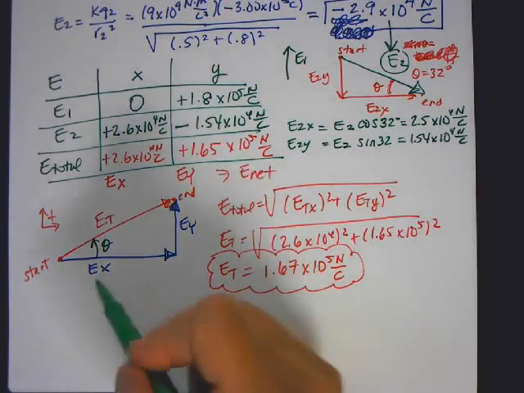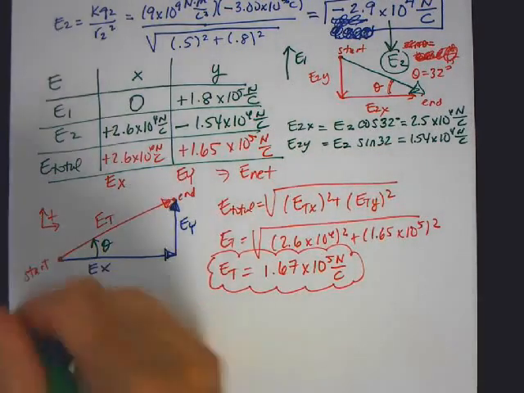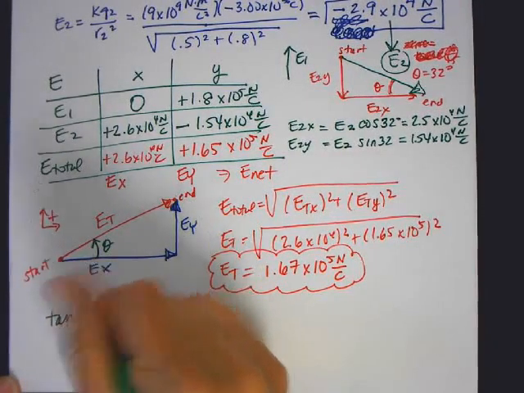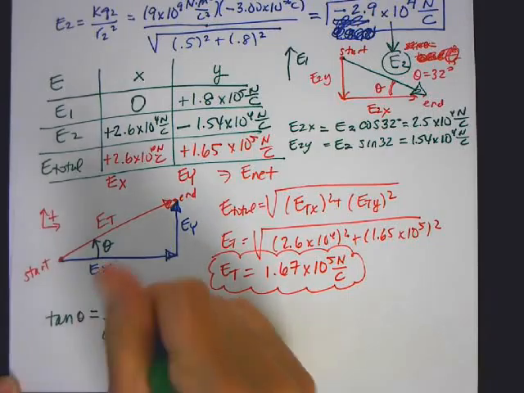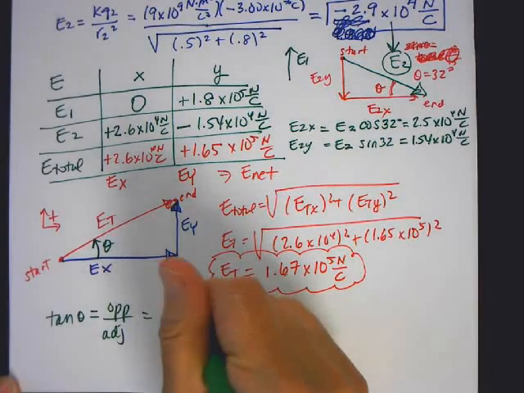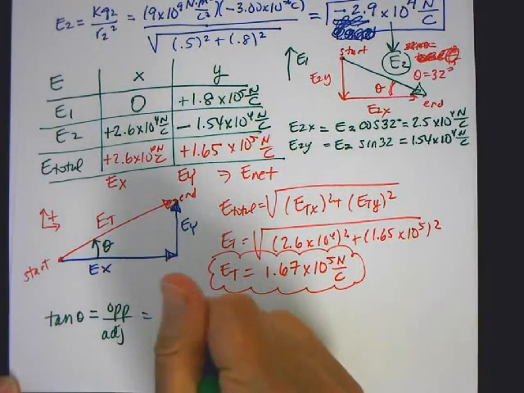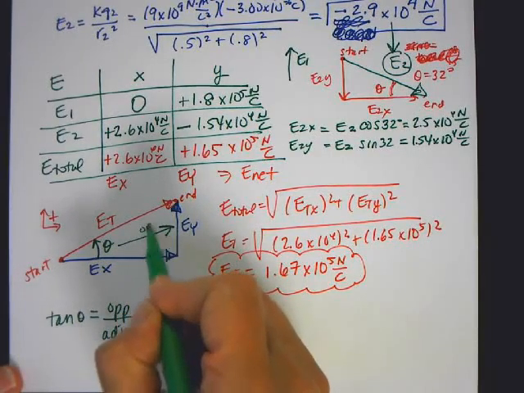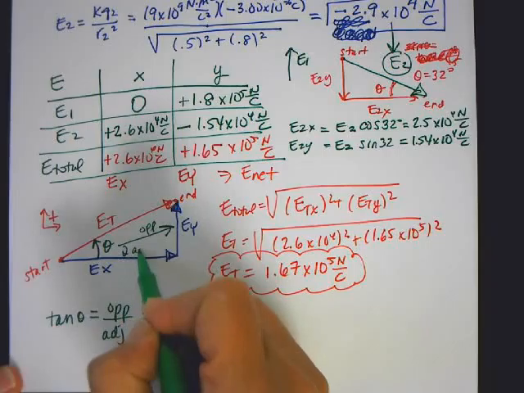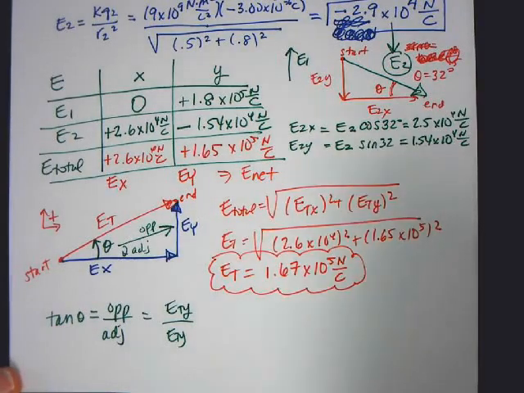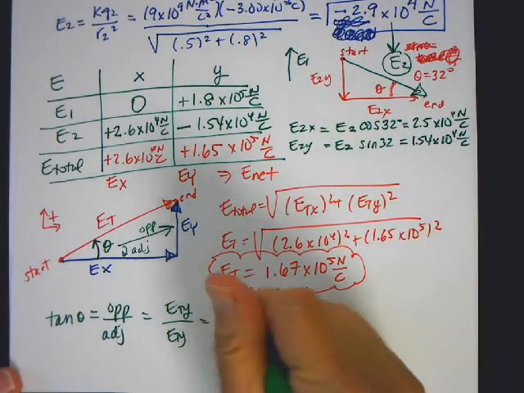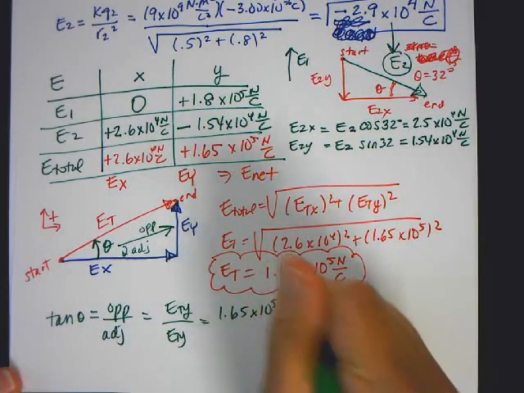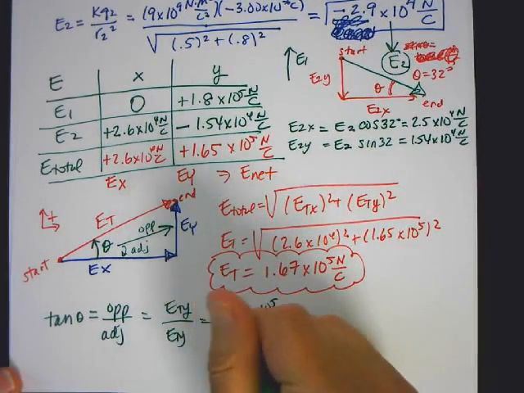So tan of theta is equal to opposite over adjacent. So it's the y over the x. Remember, this is opposite. This is adjacent. So that's going to be 1.65 times 10 to the 5 divided by 2.6 times 10 to the 4, and that's equal to tan theta.